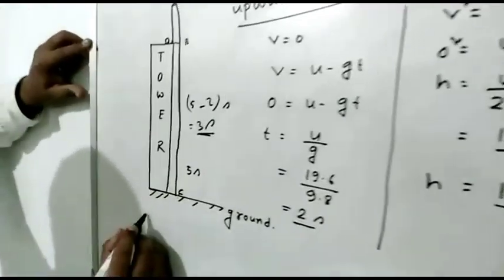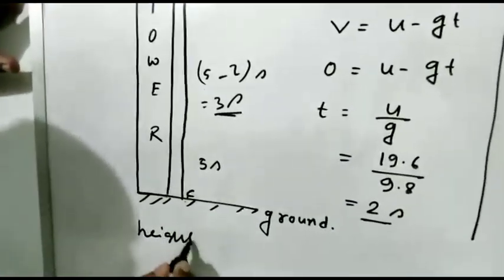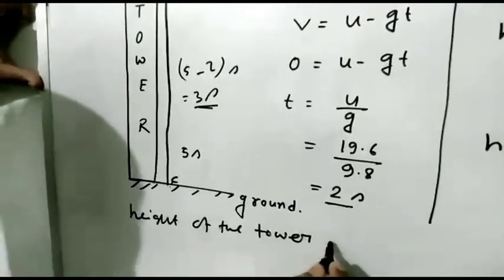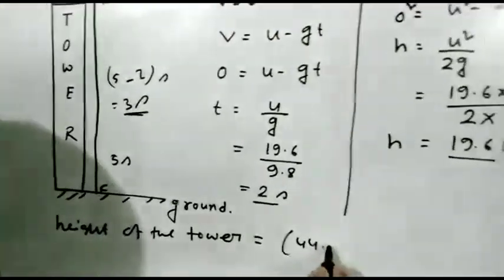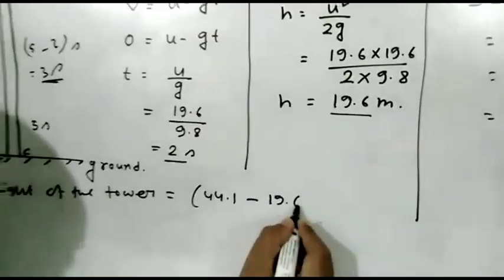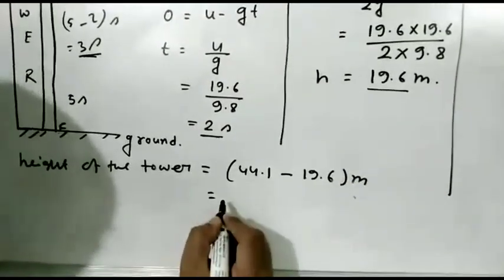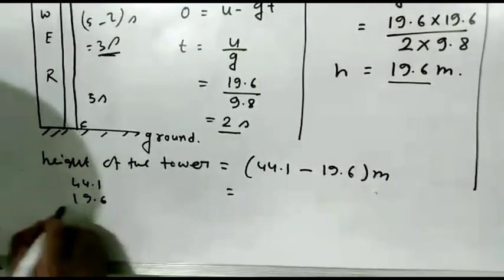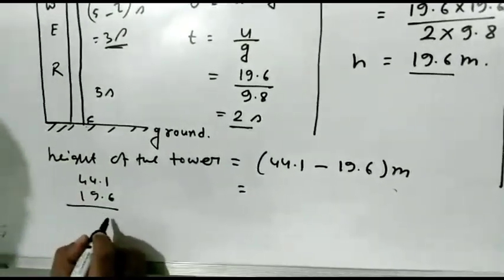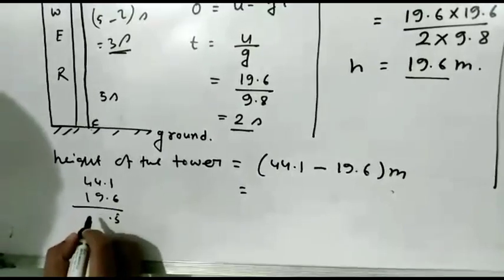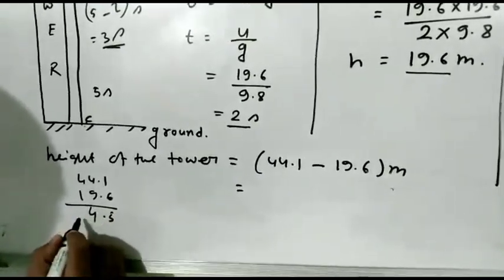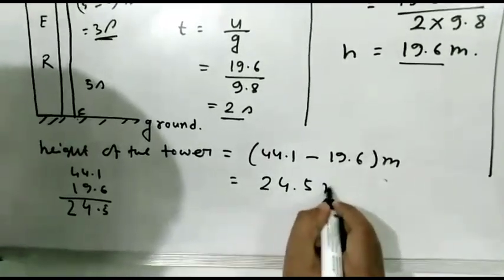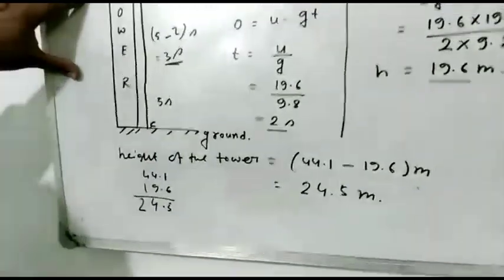Height of the tower is equal to 44.1 minus 19.6 meter. That is equal to 24.5 meter. 24.5 meter is the height of the tower.